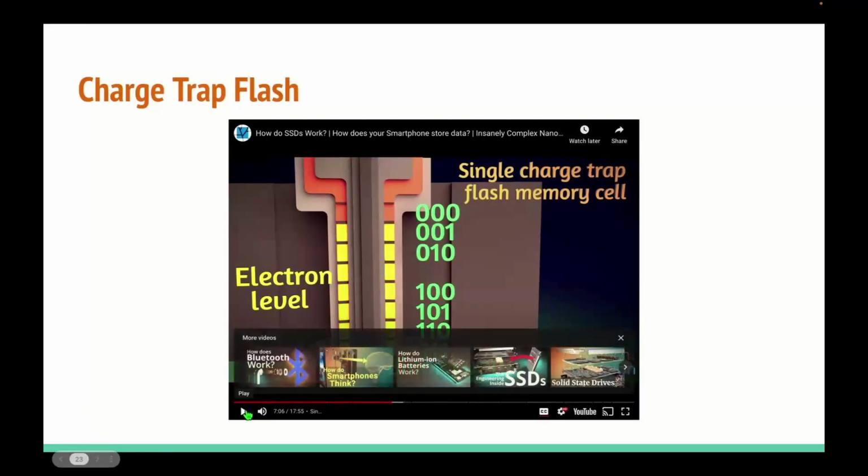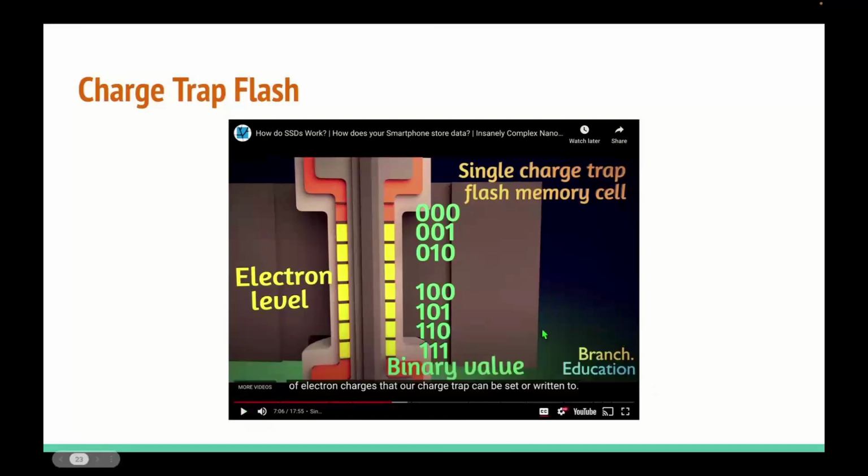Where I think it's headed is these cells will store more and more. We'll be able to differentiate a finer order of electrons being stored. So it started with just the absence or presence of electrons, and then they were able to differentiate, like this many electrons means 0, 0, 0, but this many electrons means 1, 0, 1.